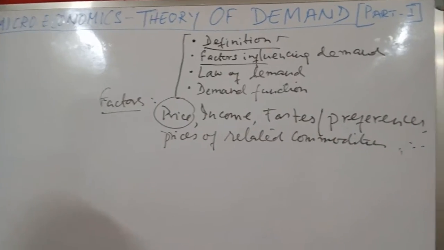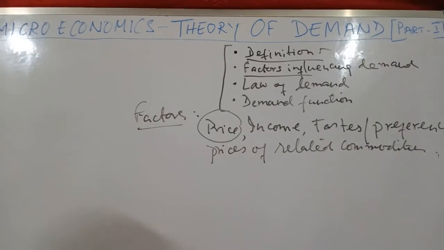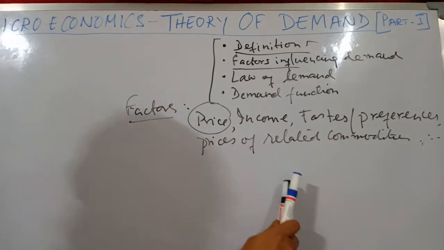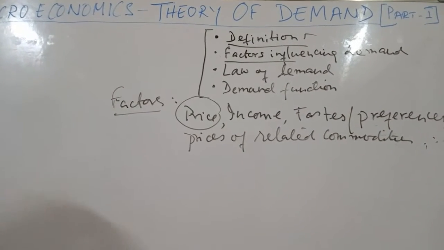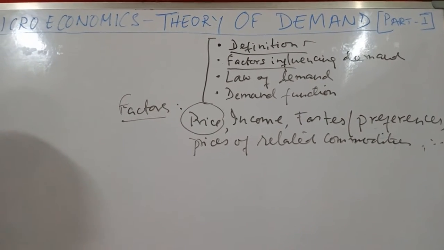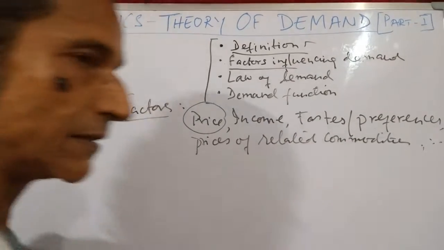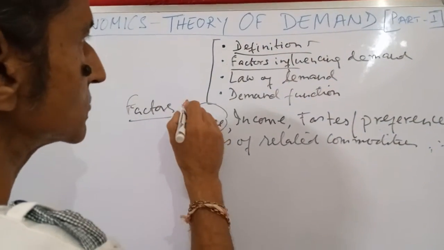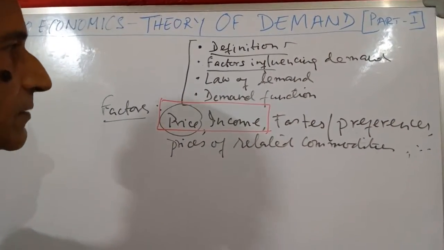As a result, people will purchase less petrol because fewer cars are on the road. So these are the factors that influence quantity demanded of a commodity. As I have said earlier, these two, price and income, are the strongest among all the factors influencing demand.